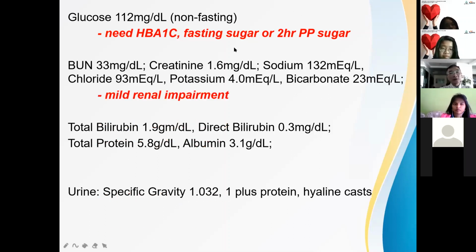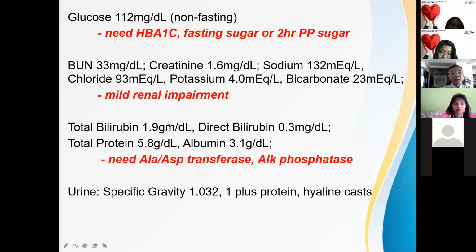And with this kind of a renal profile, there's mild renal impairment, a slight elevation of the creatinine and blood urea nitrogen. Look at the sodium, a bit low, not too low, but maybe she's on some diuretic. That's why it's low, because you need to get rid of the water. And when you get rid of water, you get rid of salt also. And then look at the liver function, maybe mildly elevated bilirubin, but you really need the liver enzymes, alanine and aspartate transferase and alkaline phosphatase.